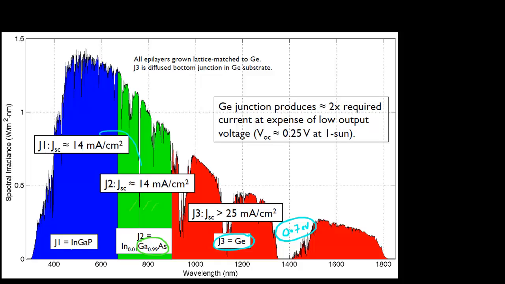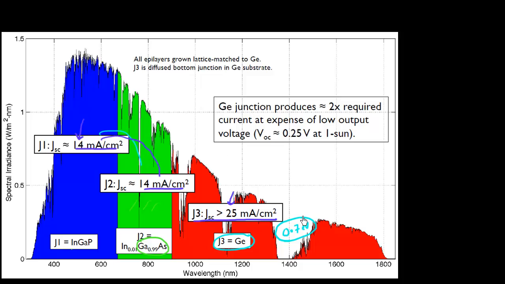As a result, the short circuit current of this bottom cell, which is made of germanium, is 25, and the short circuit current of this top cell is 14 and this middle cell is 14. So since this germanium has lower band gap, it gives you this higher short circuit current, but that's not of great use because the overall short circuit current of my cell is going to be limited by these top cells.